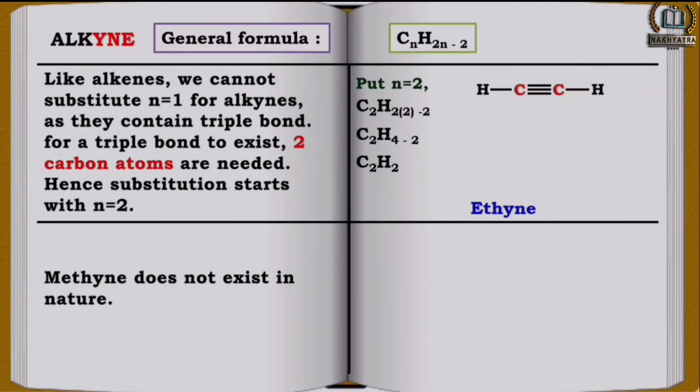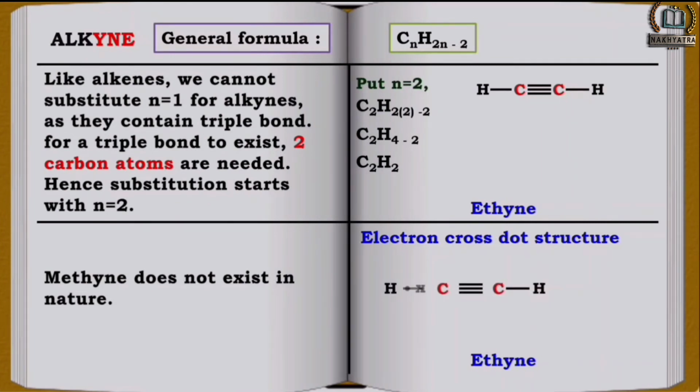Since the triple bond is there, the suffix will be YNE, ethyne. Now check the electron cross-dot structure for ethyne. Here also the same, the dot represents the electrons of hydrogen and the cross represents the electrons of carbon.